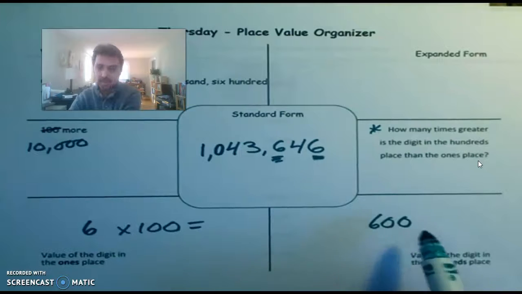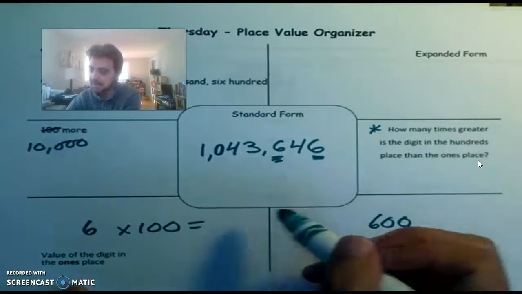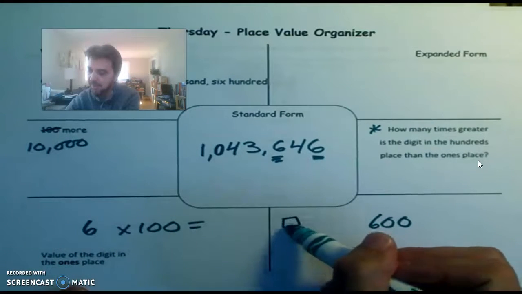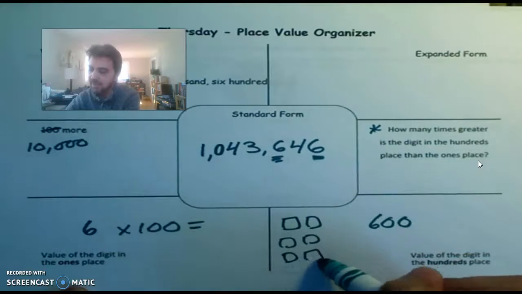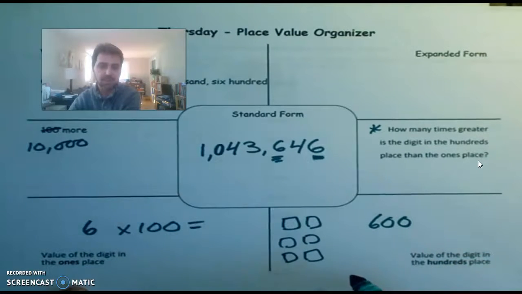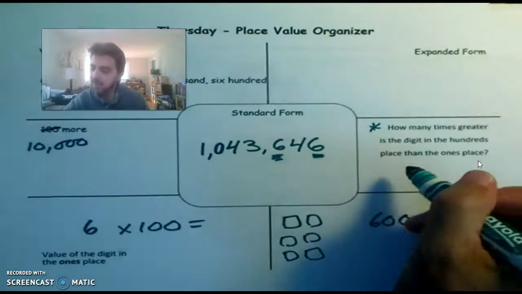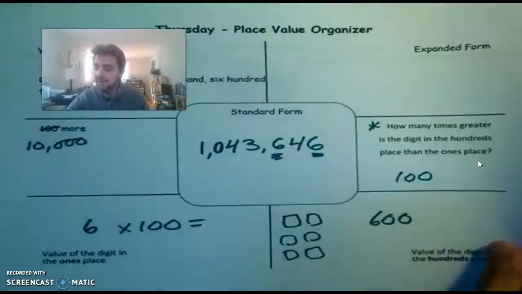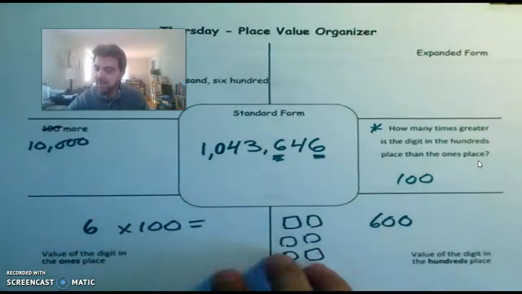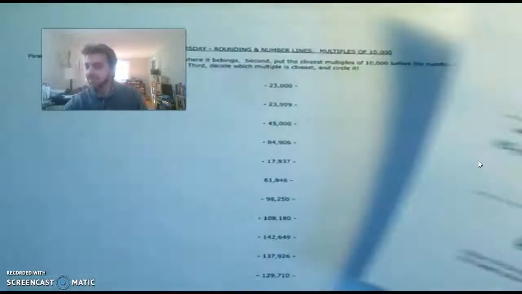That makes sense. If I were to have 6 of these, 1, 2, 3, 4, 5, 6, then I have 600, okay? So the answer would be it is 100 times larger, okay? All right, so finish this up. I think all you have really left is expanded form.